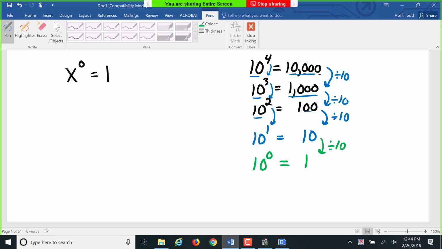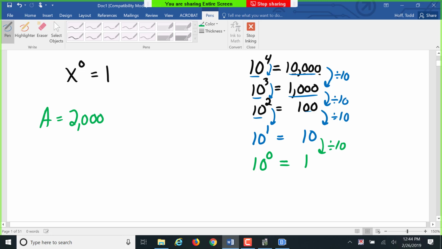What it is when you have like exponential growth and decay formulas, you might have a formula that the amount of a material is, you start out with 2,000 grams and it decays as a half of it per day, so to the power of x. Well, when x is 0, 1/2 to the power of 0 is 1. So that's saying you started out with the full amount at time equals 0. Which isn't terribly useful, but it's a starting point. It's a transition point.